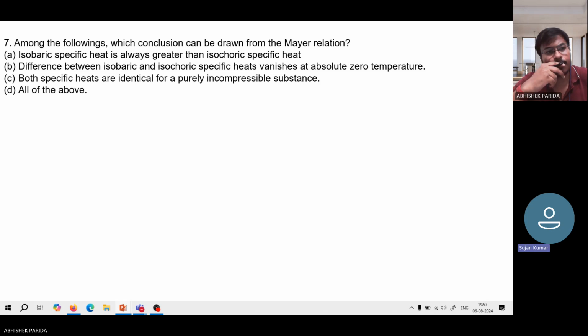Sir, option D, because the Cp value is always greater than Cv. Isobaric specific heat is always greater than isochoric specific heat.